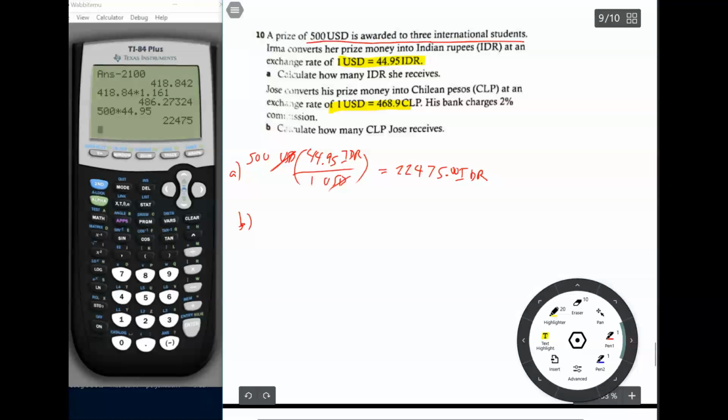I don't know if the $500 is divided equally among the 3 students, or if each person receives $500. We can make an adjustment for that at the end.